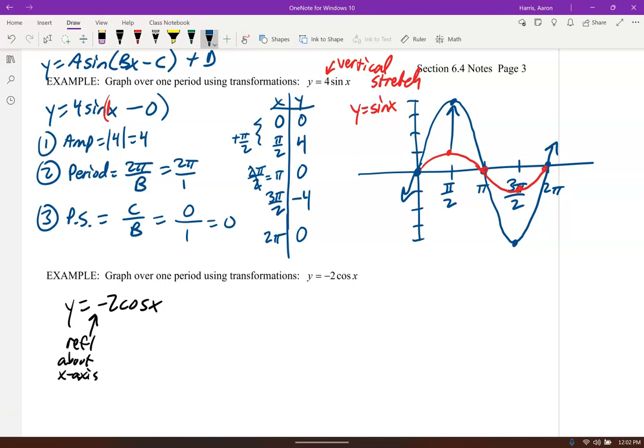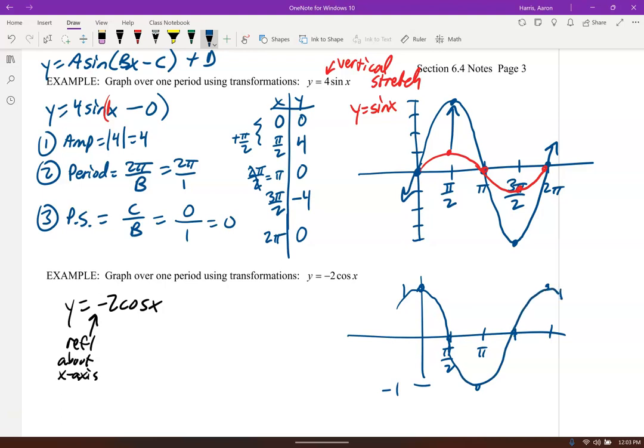Okay, so what you're thinking is, here's my cosine function. Graph it real quick. It'll flip it around.